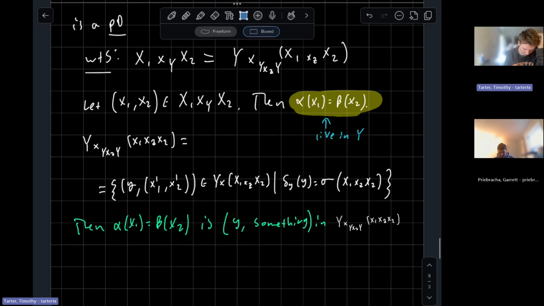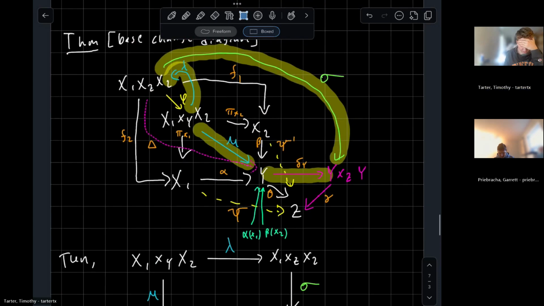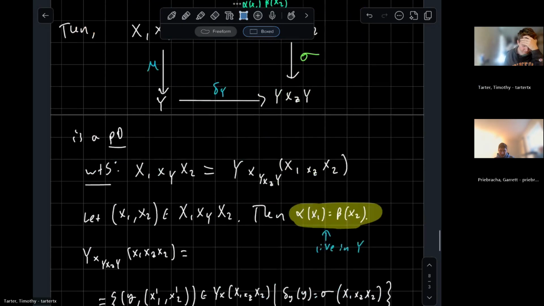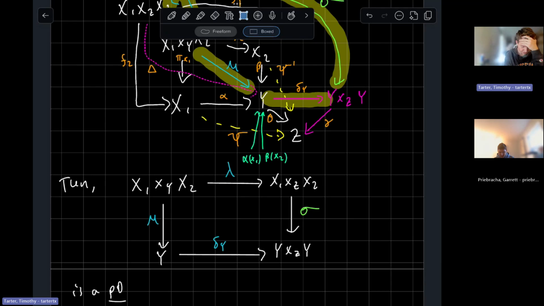And so now we just need to find the thing that is equivalent to it through what morphism is this equal to?